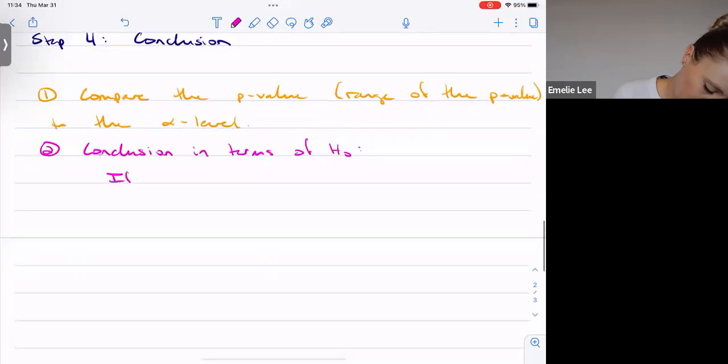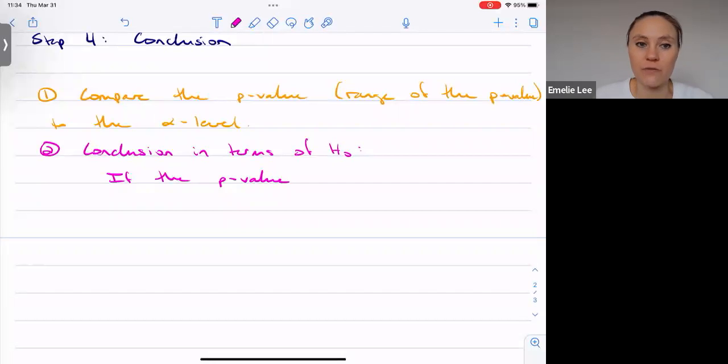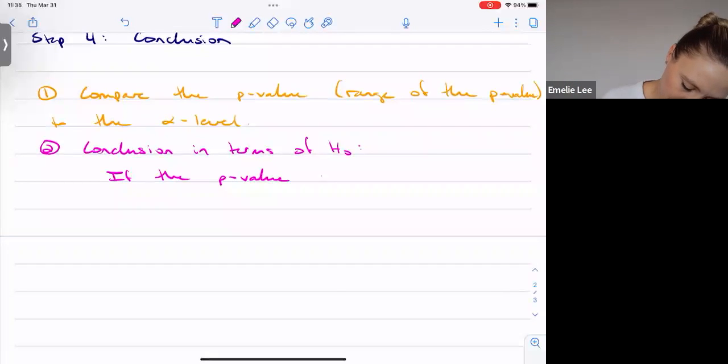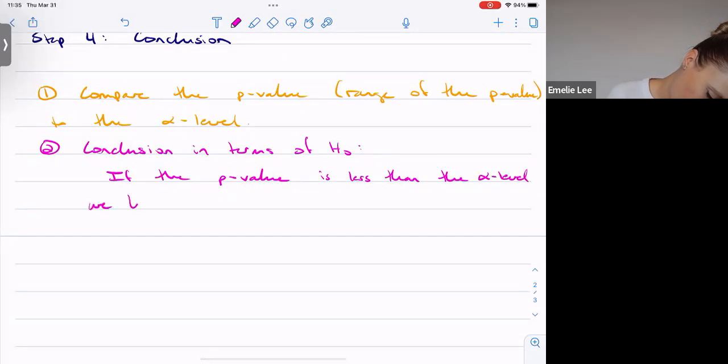If the p-value, or in this case the range of the p-values, will either be entirely below 0.05 or whatever alpha level we have, or entirely above. There's never a case where it's going to be wrapped around, so you're safe there. You might be on the cusp, but it's going to be on the cusp on one of the sides of it. So if the p-value is less than the alpha level, we have enough evidence to reject H0.